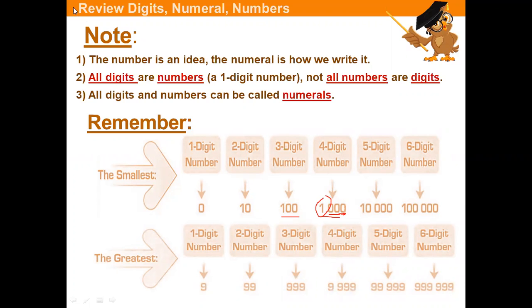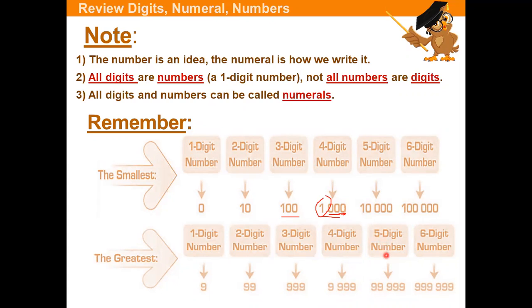When I say three-digit, it will be 999. When I ask you about the four-digit, it will be 9,999. So I always add a 9 to get a big number.